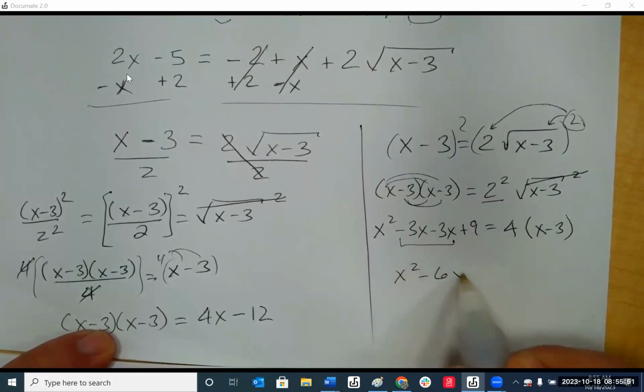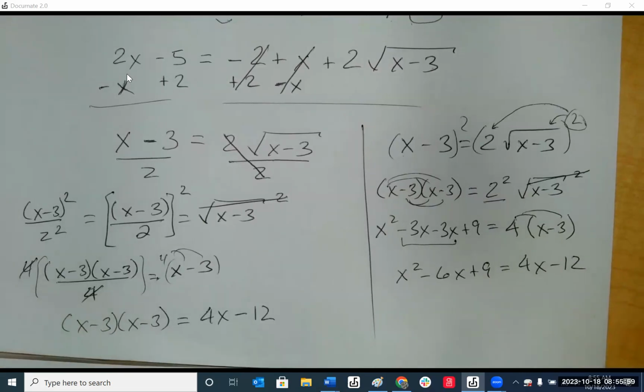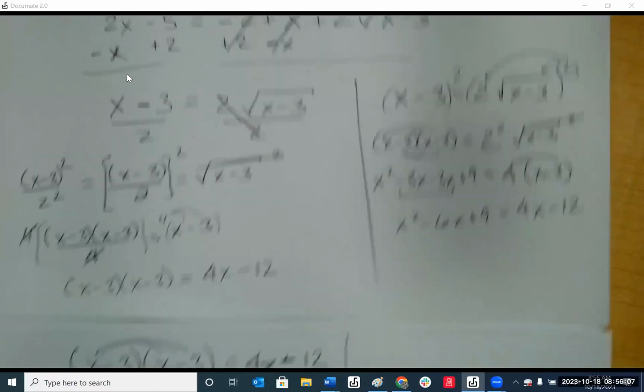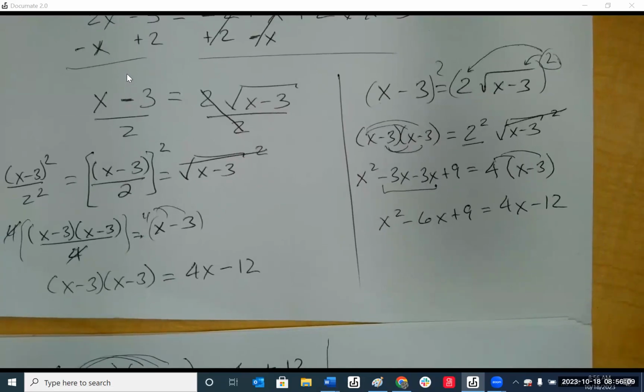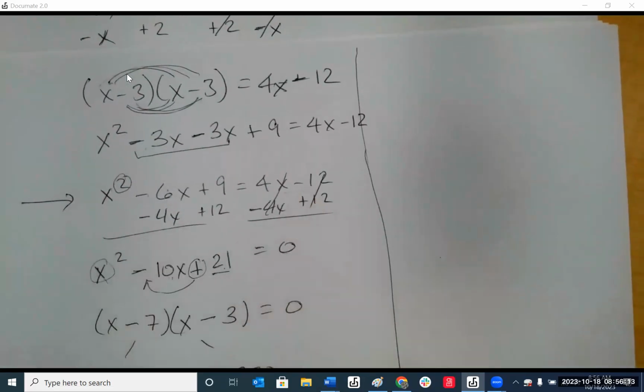X squared minus 6x plus 9 equals 4x minus 12. Which is what we had here.